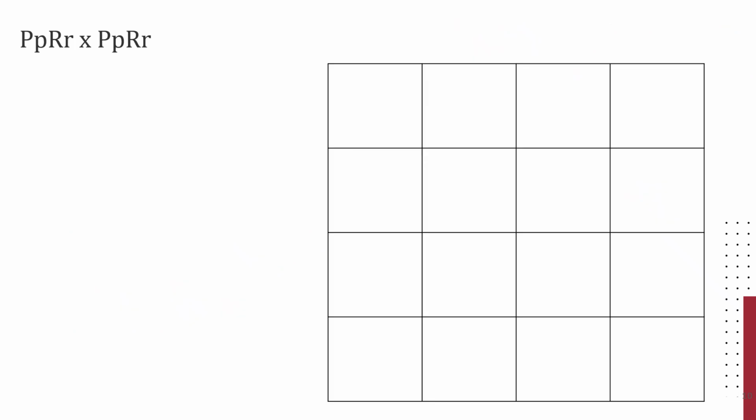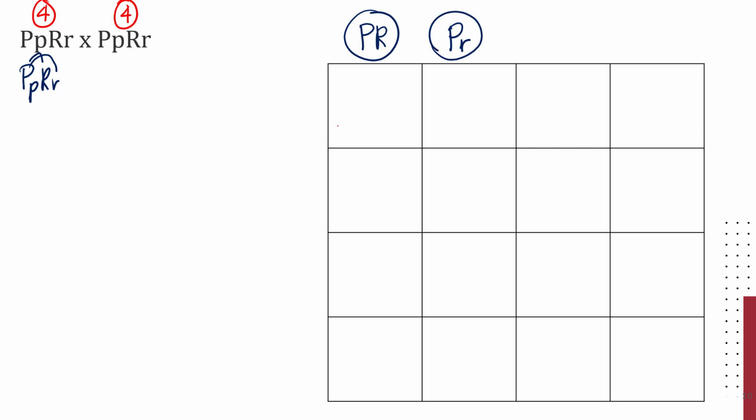So let's go ahead and look at what this looks like on a Punnett square. You saw in the previous slide that we got 4 gametes from this parent and 4 gametes from this parent. Again, we used our FOIL method. First, big P, big R; outer, big P, little r; inner, little p, little r; and last, little p, little r.